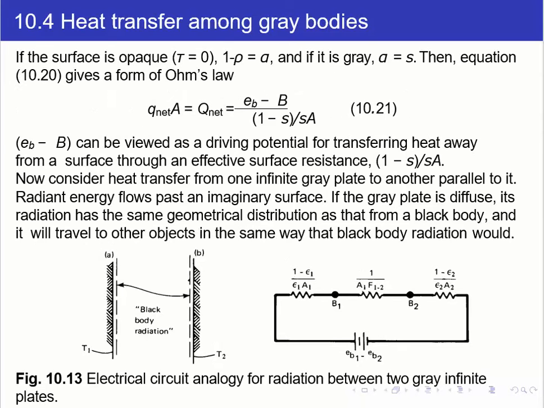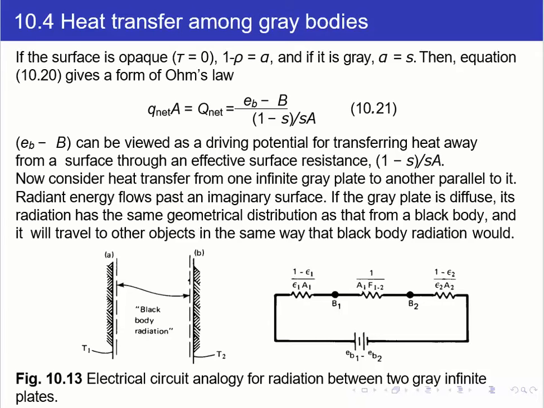If the surface is opaque, then 1 minus rho is equal to the absorptivity A. If it is gray, then A is equal to the emissivity ε.